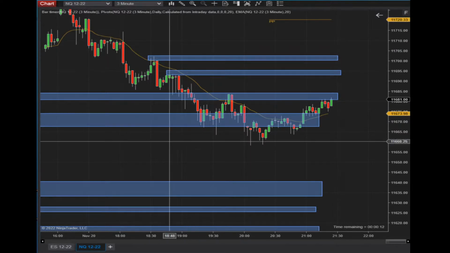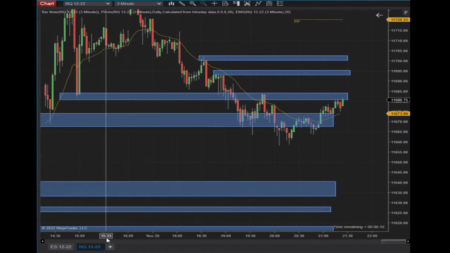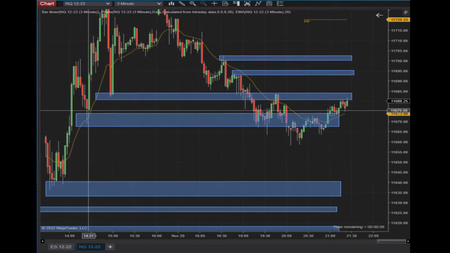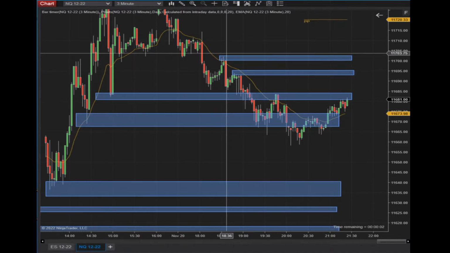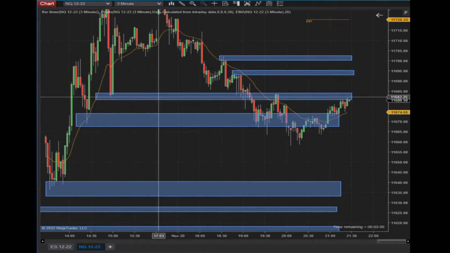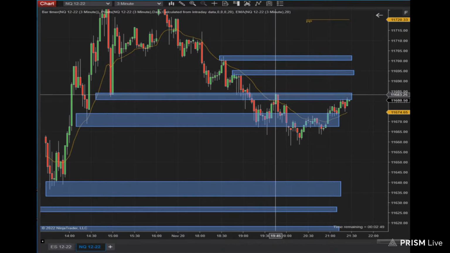Now, these levels, these boxes that you see that kind of come back, these are other areas where you can see that there was rejection, support, support, resistance, resistance. Now, these were coming from all the way back here. So I just move it forward because you can see it's like a magnet, right? This area, you can see how it came back up here, got rejected.